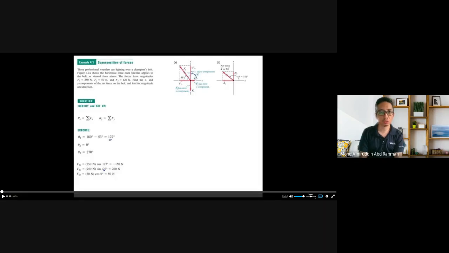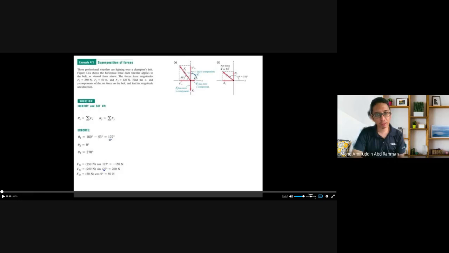We are asked to find the x and y components of the net belt force and find its magnitude and direction. First, because F1 has both x and y components, we need to decompose it into x and y directions.